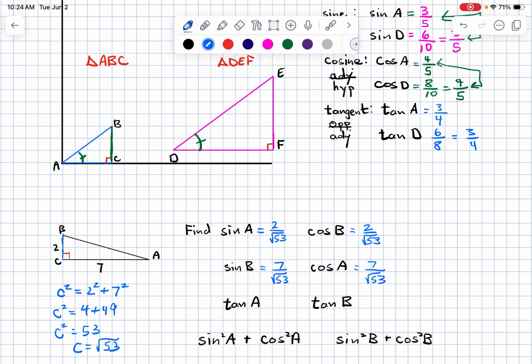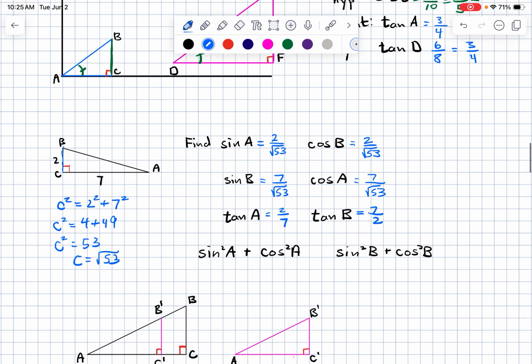That's the way complementary angles work, or these trig functions work. Now, let's look at tan A. Tan A is opposite over adjacent. And tan B is opposite over adjacent.